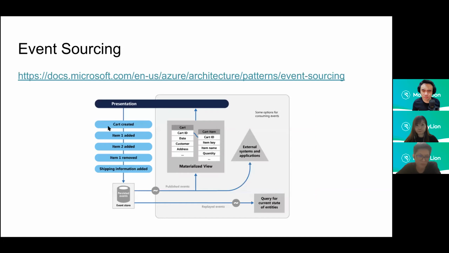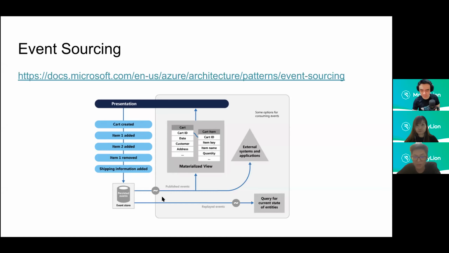Just a very quick example, this is what event sourcing looks like. You have a new component called the event store, where events are persisted to represent the state changes. You can then derive many different states from these events persisted to the event store.